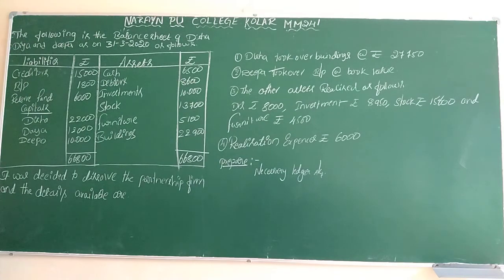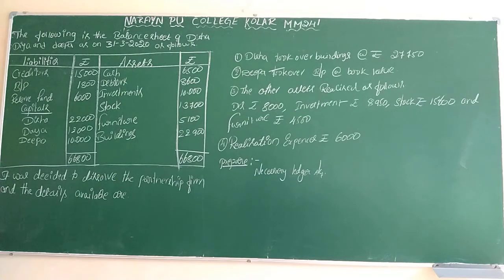Disha took over buildings at rupees 27,750, Deepa took over bills payable at book value, and the other assets realized as follows: debtors, investment, stock, furniture. And adjustment number 4, they give the realization expenses rupees 6,000. Prepare necessary ledger accounts. So this is the information available in this question.